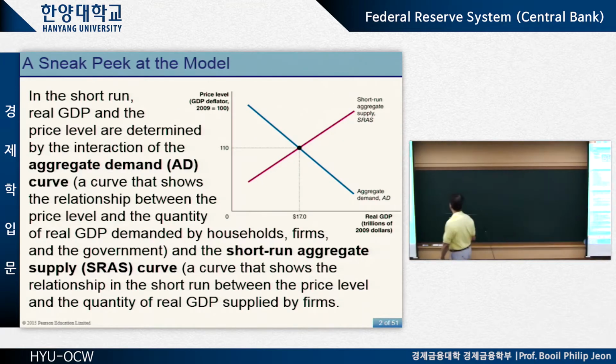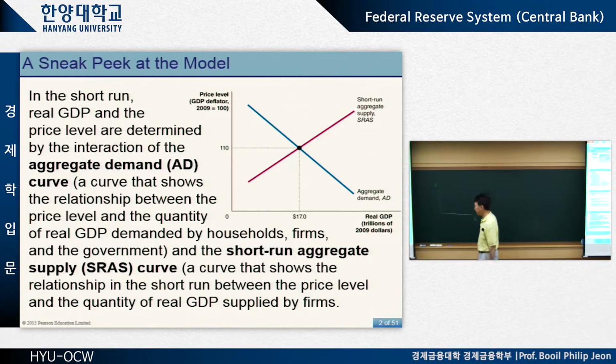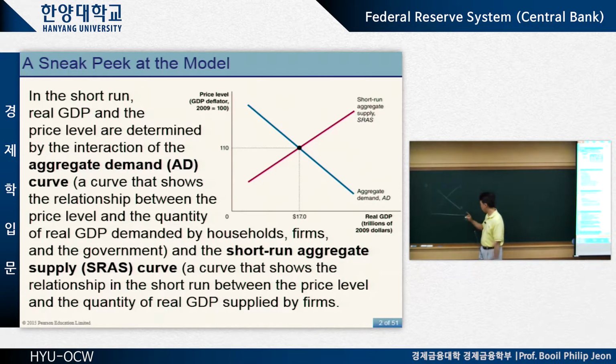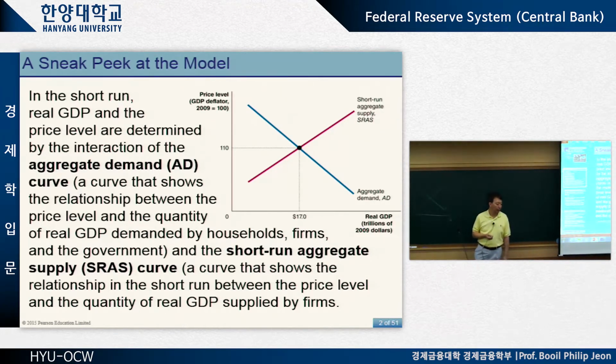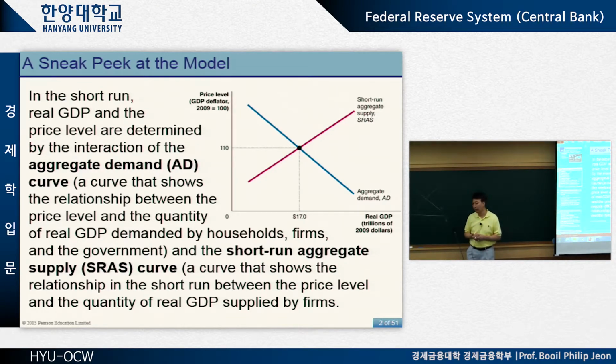We use the PQ space to discuss demand and supply. But this time, the demand was the demand for a particular good or service, like movies, or demand for smartphones or whatever.